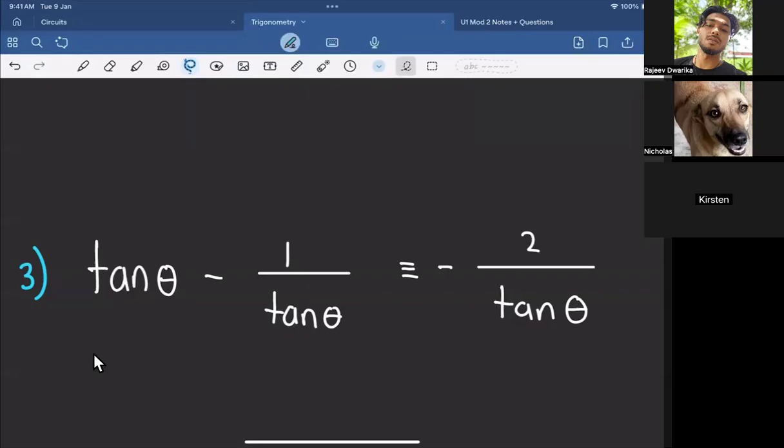Give me updates. I reached sin square theta minus cos square theta over sin theta plus cos theta. You can do this. I'm not too sure which part to go to.